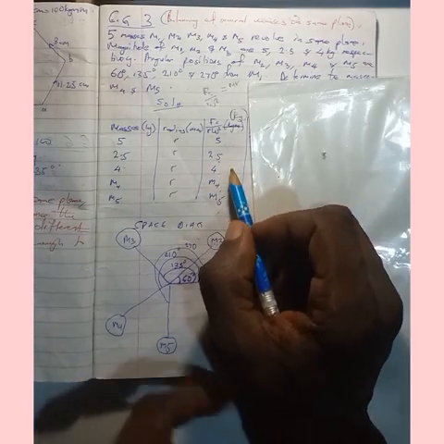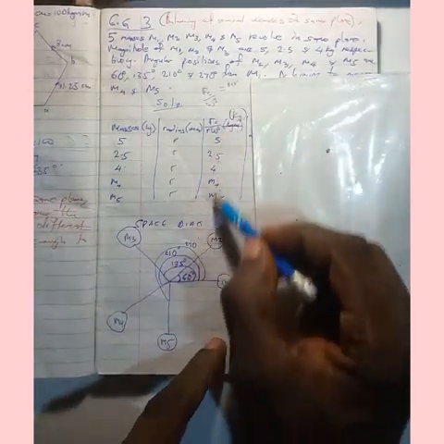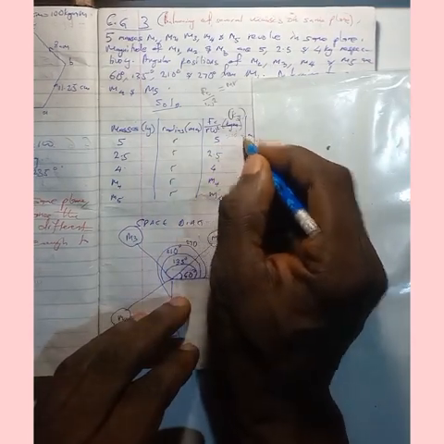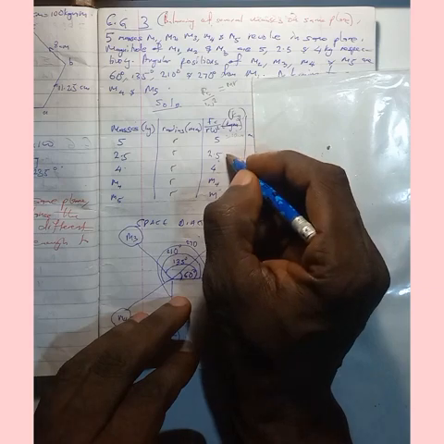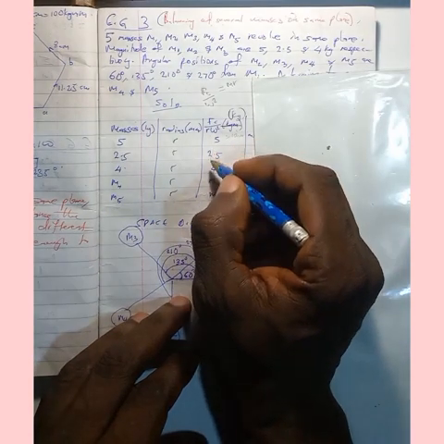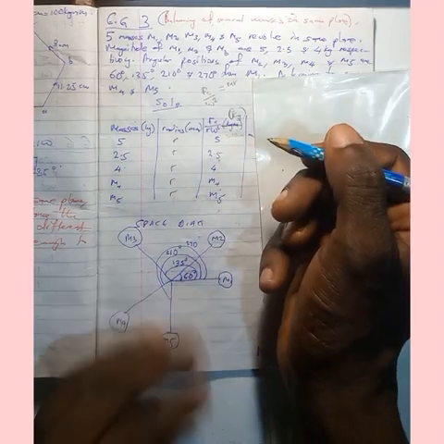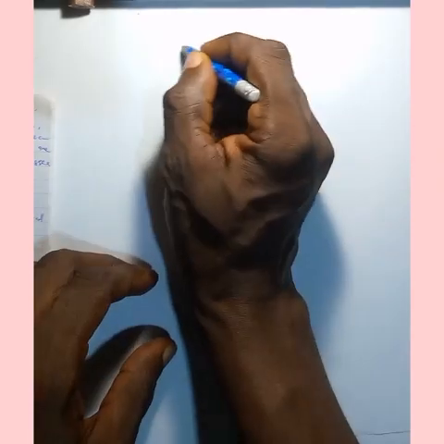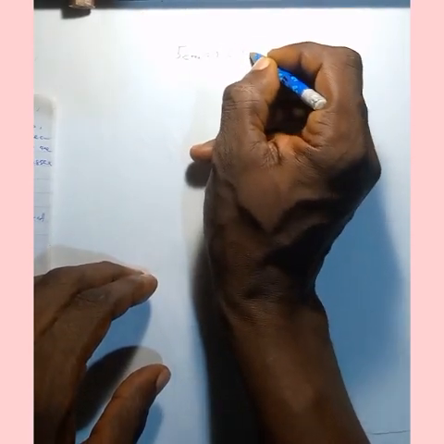Now we're going to use the scale for this column. The highest value here is 5. You can just say 5 equals 10 centimeter. So if 5 equals 10 centimeter, that means 1 centimeter equals 0.5 kilogram.